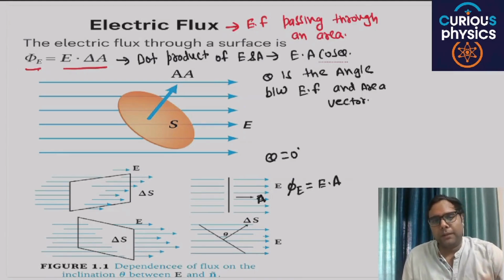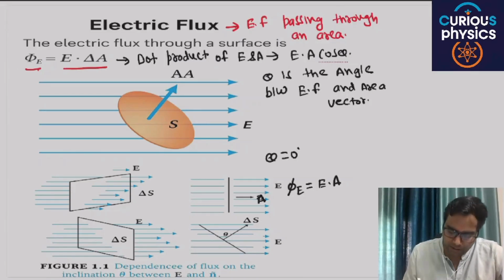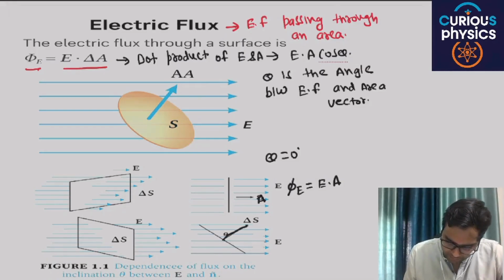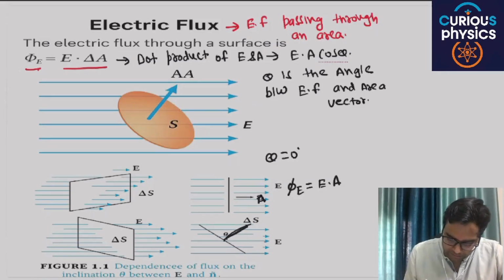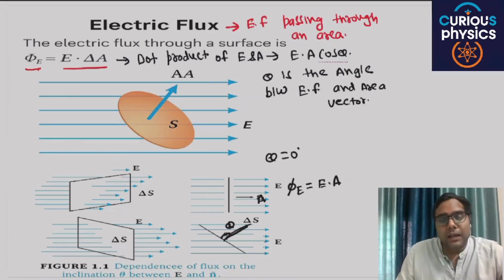You multiply the electric field by the area and the cosine of the angle between the electric field and the area vector. Here this is the electric field and this is the area vector, and theta is the angle between them, with the area vector perpendicular to the surface. Are you getting my point?